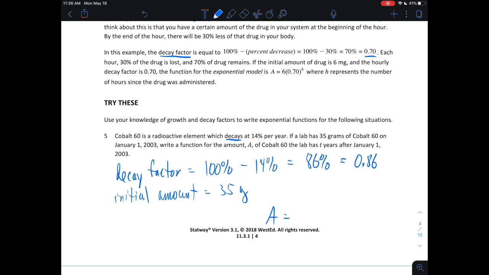So again, this is our initial amount, 35, times our decay factor, 0.86, raised to the t power, since they're using t for the number of years. And that's it.